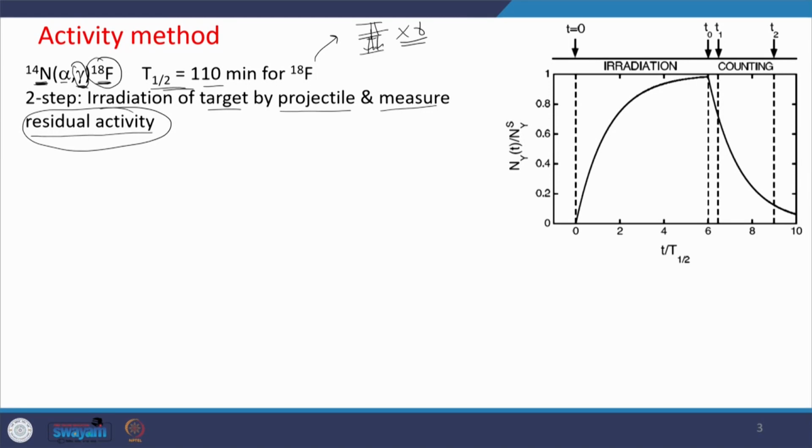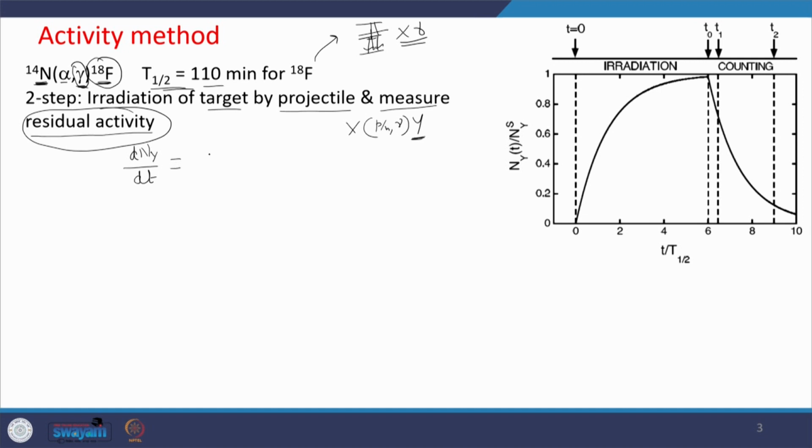All right. So, when I want to measure the residual activity, say I am considering this reaction as x(p or n, gamma)y, where y is the residual nucleus. What is the rate of increase of residual nuclei, dN_y by dt?